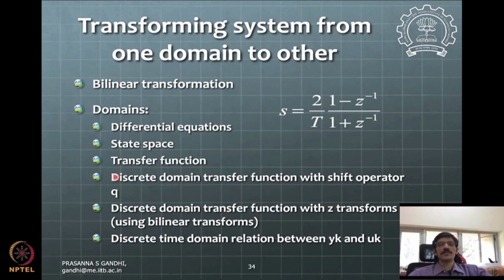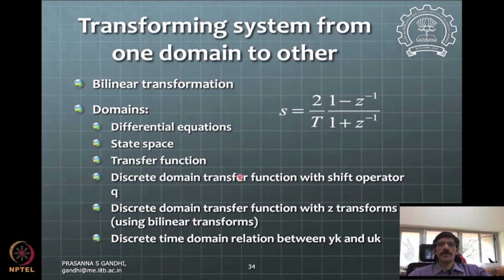These are the two ways we can convert the S domain system to the Z domain, or to the discrete domain. The discrete time relationship between yk and uk would be what we derived with the shift operator.